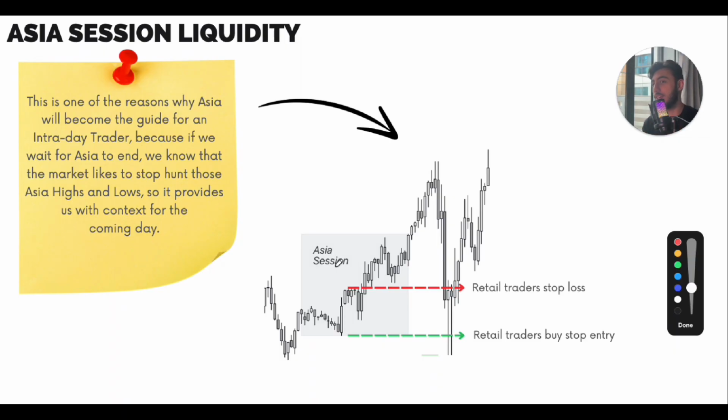Once Russia came to play, and I'm not going to say it because of the YouTube rules, in gold we had a beautiful bearish dump movement.